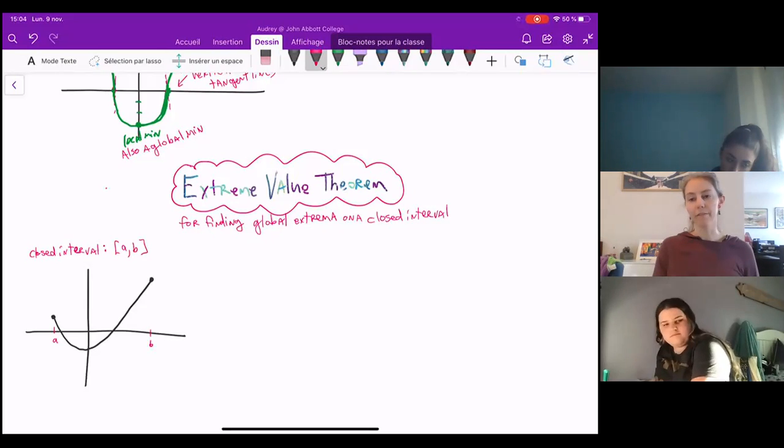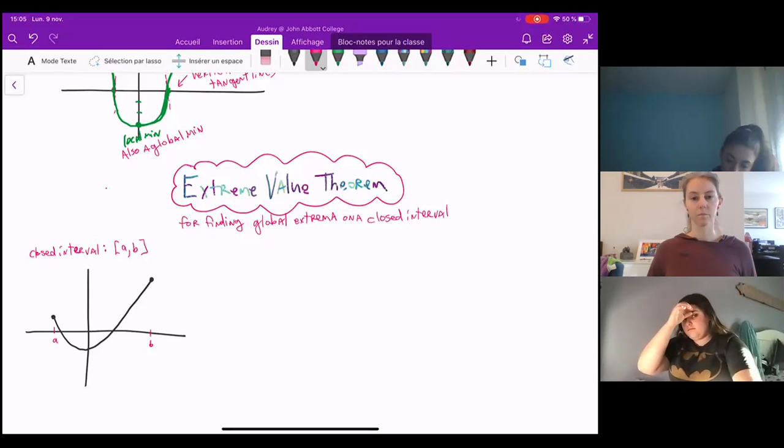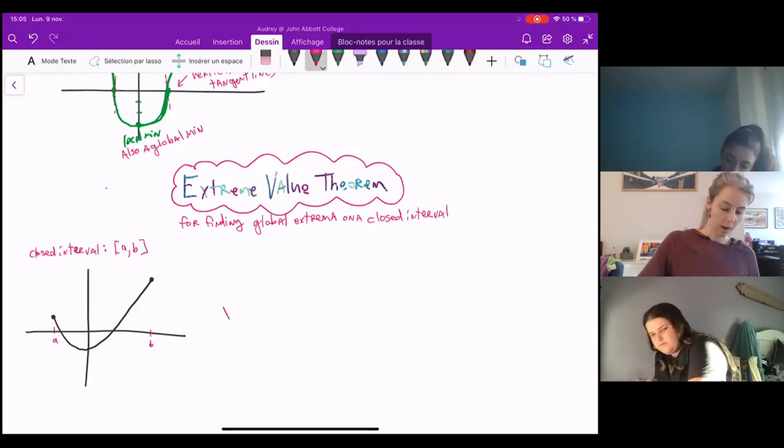Does this graph have a global minimum? Yeah, it's right there. It's the place that's lower than everywhere else on the whole graph.